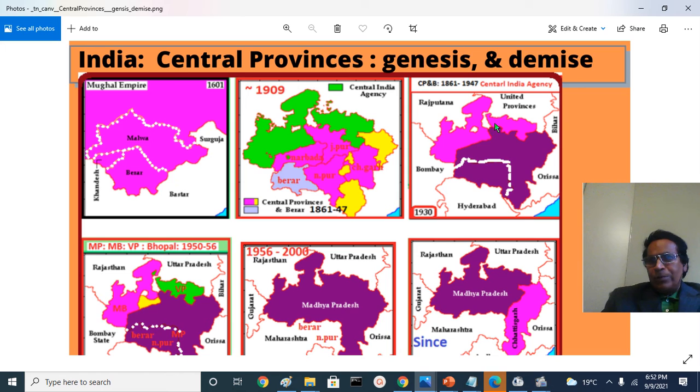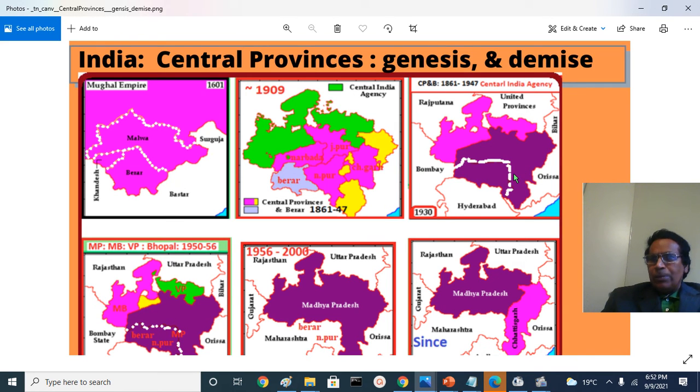The western part spoke Bundeli, that is the modern districts of Chhatarpur, then Tikamgarh and Panna, and you have Satna and Rewa and Shahdol and Sidhi and Singrauli here. This is the historical Mirzapur district in Uttar Pradesh, south of Benares and Prayag, Allahabad.